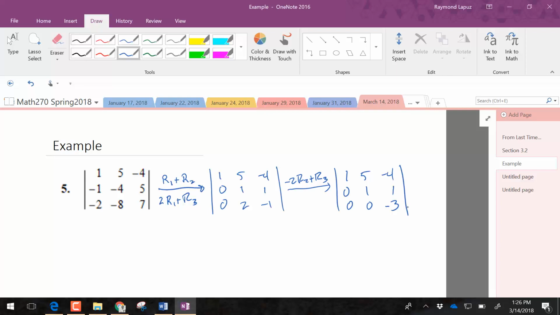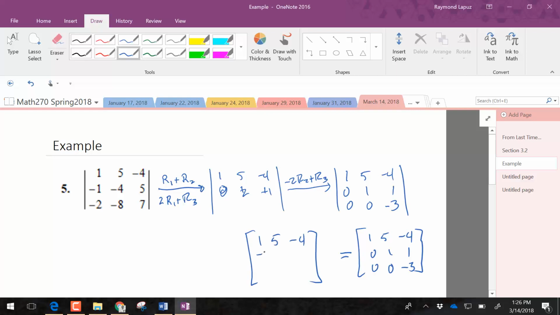And another way to think about this is that we could start off with this matrix. Let's write it like this: the matrix 1, 5, -4, 0, 1, 1, 0, 0, -3 is actually equal to the original matrix 1, 5, -4, -1, -4, 5, -2, -8, 7.